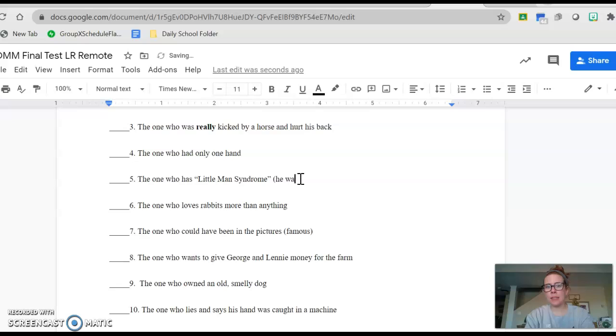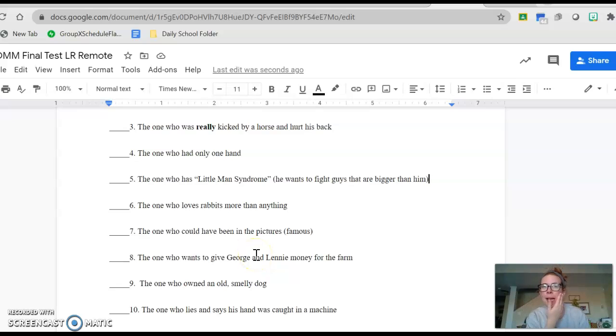And this means he wants to fight guys that are bigger than him. Number six, who is the one who loves rabbits more than anything?